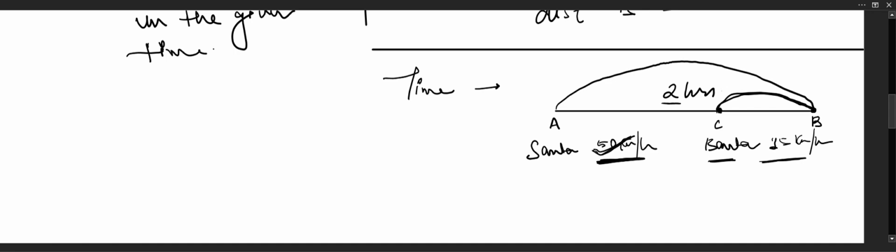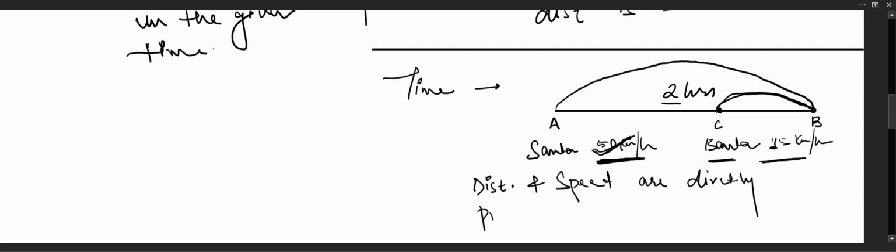So in this case, we can conclude that distance and speed are directly proportional to each other.